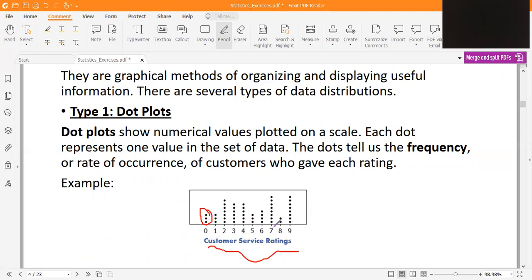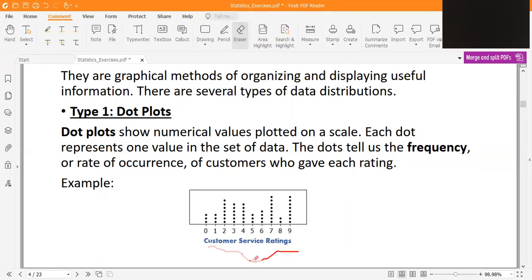And for 7, we count 1, 2, 3, 4, 5, 6, 7, 8, so 8 customers rated the customer service 7 out of 10. It is very easy to explain what the dot means.